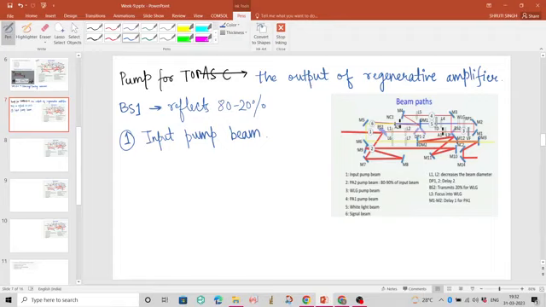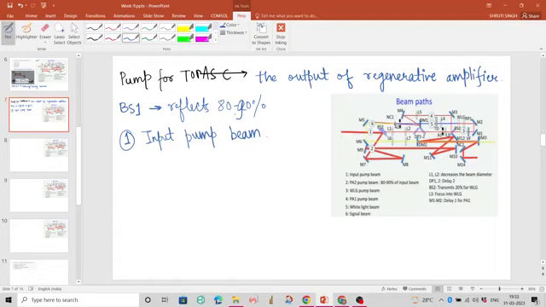So 80% or 90% goes in this direction, is reflected, and only 10 or 20% is transmitted.